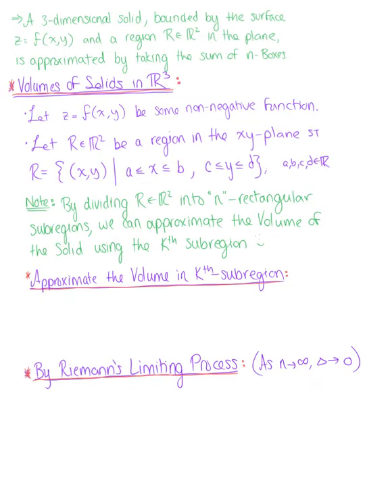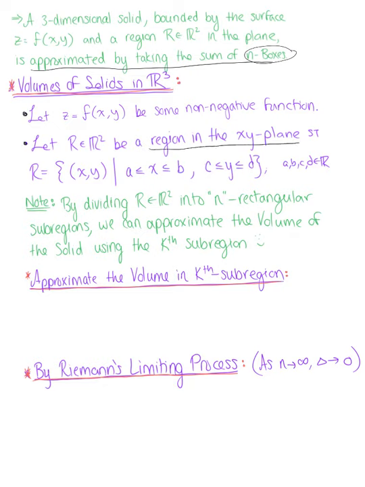So again, a 3-dimensional solid bounded by a surface z equals f of x y and some region R in the plane, so in 2 dimensions, is approximated by taking the sum of n boxes. So let's go ahead and look at the volume of solids in 3 dimensions. To get us started, we let z equals f of x y be some non-negative function, and we're going to let R in R2 be a region in the plane.